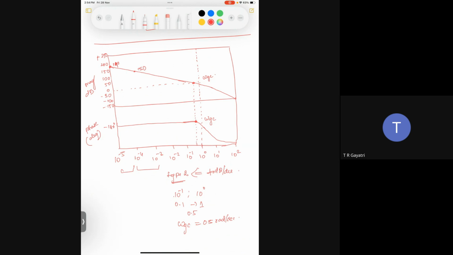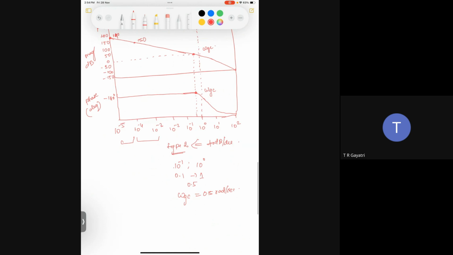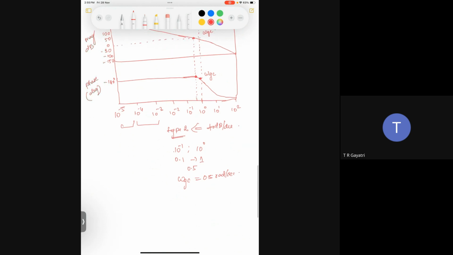So I'm approximating it here. Even if it is staying at 180 for a long time, we take the frequency where it changes. This is an approximate plot, right? So I'm just giving information from the image. Let's take here around 1. So your phase crossover frequency, in an actual bode plot you will have all this information.